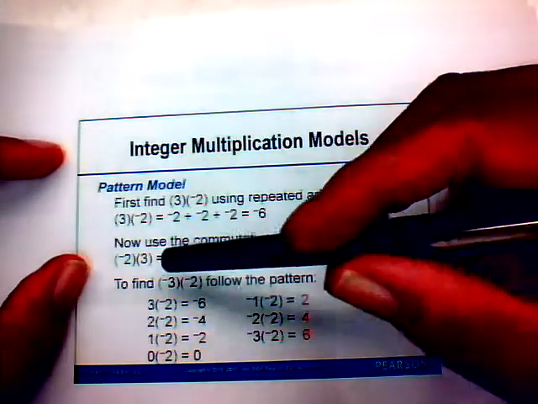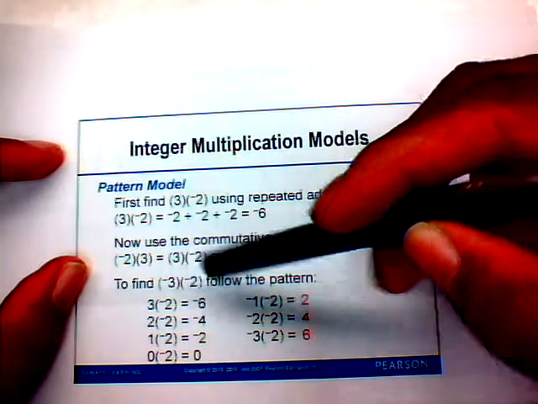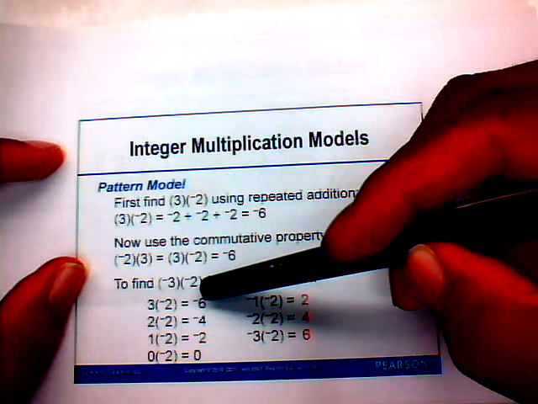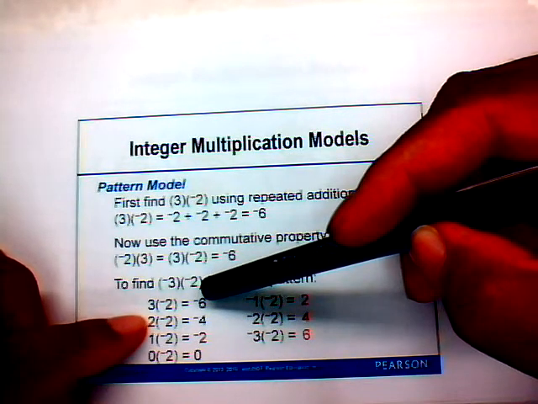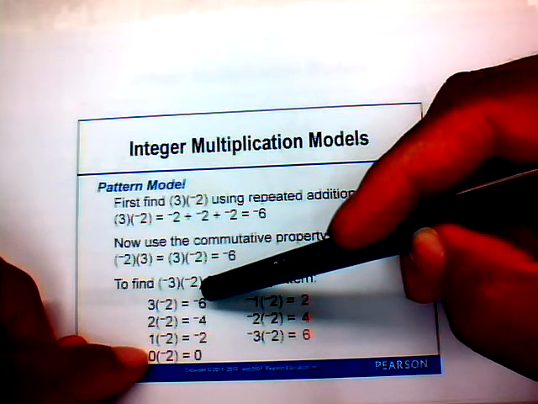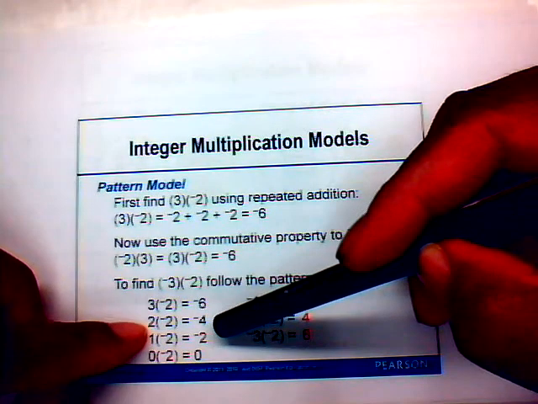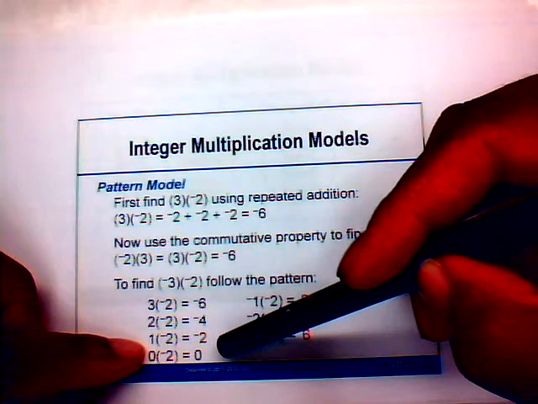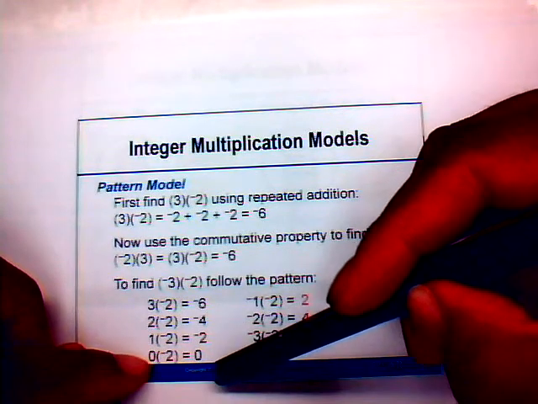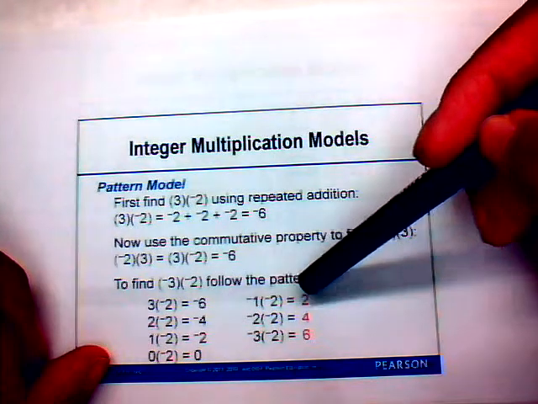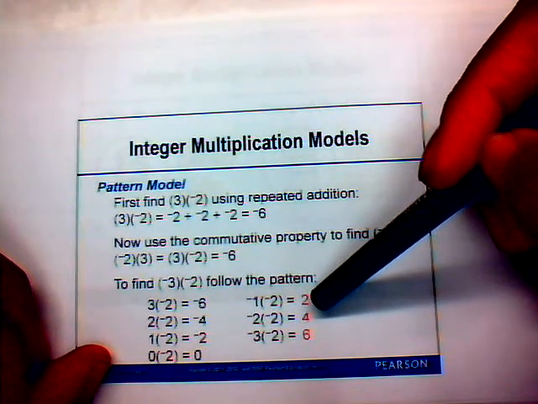Now to find the pattern, negative 3 times negative 2, we're going to follow this pattern. 3 times negative 2 will give me negative 6. This first factor is going to decrease by 1. So 2 times negative 2 will give you negative 4. 1 times negative 2 is negative 2. 0 times negative 2 is 0. Negative 1 times negative 2. Notice this gives me positive 2.